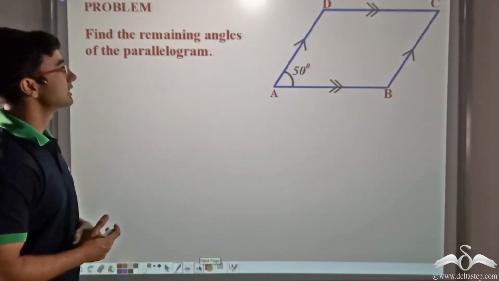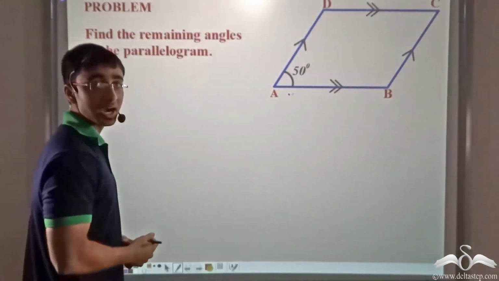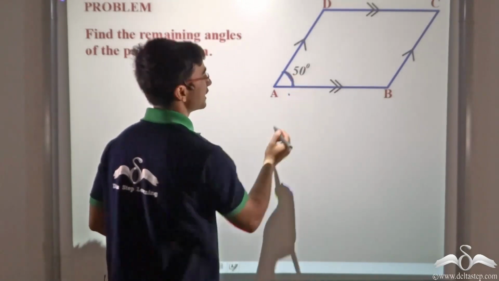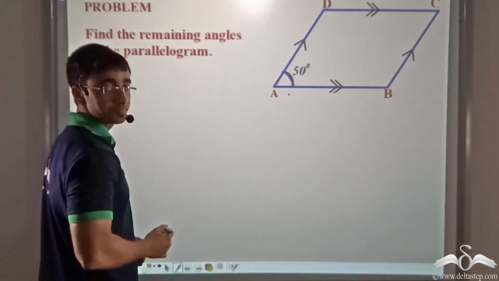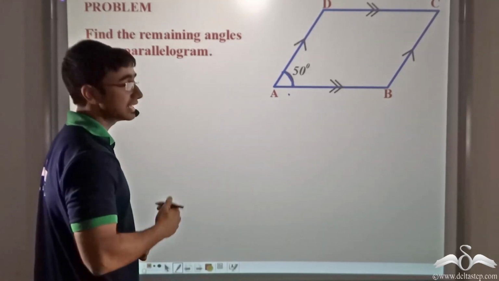So we have studied that consecutive angles in a parallelogram are supplementary. So if I have the measure of this particular angle, angle DAB, and I have been given that ABCD is a parallelogram, what can I say?